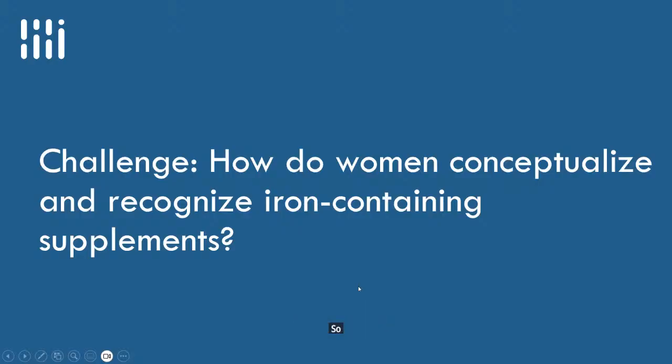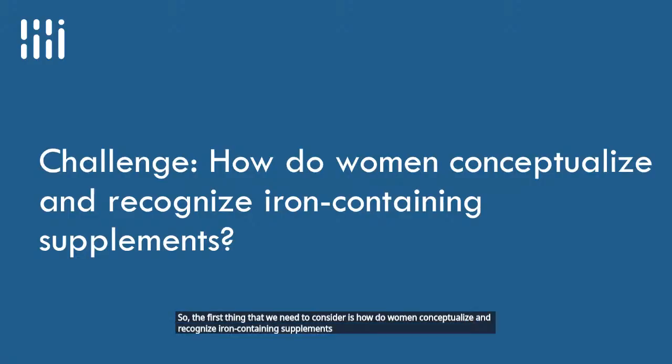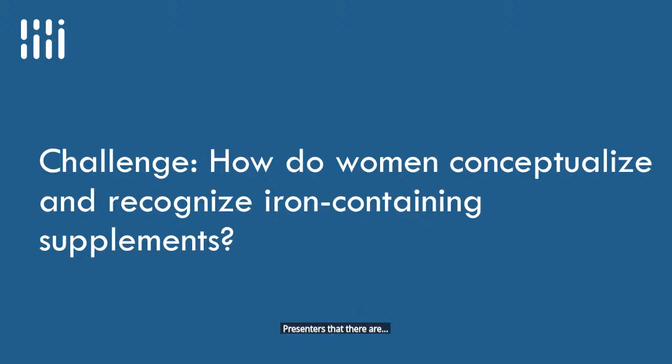So the first thing that we need to consider is how do women conceptualize and recognize iron-containing supplements? You heard from previous presenters that there are multiple forms, IFAs, MMS, and other supplement types, which are confusing for the woman. Next slide, please.